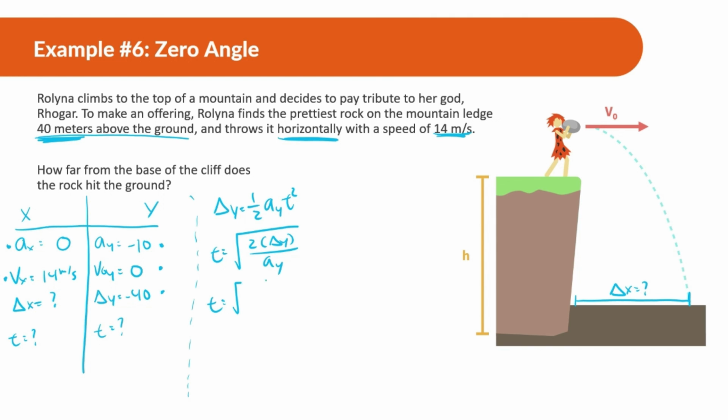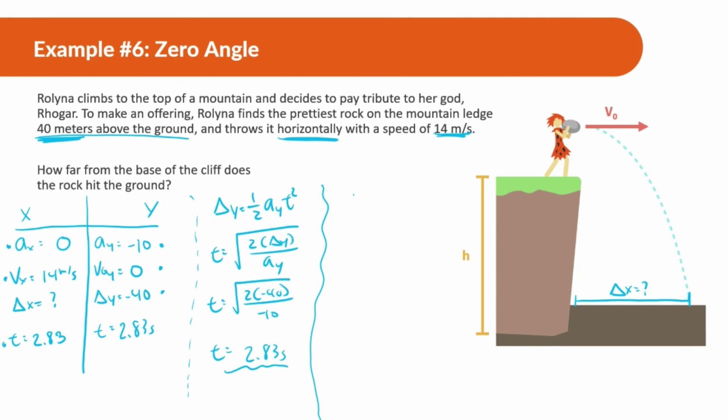So time is equal to the square root of 2 times -40 divided by -10, and time is equal to 2.83 seconds. And now we have some more information. In the x direction, we have three pieces of information.